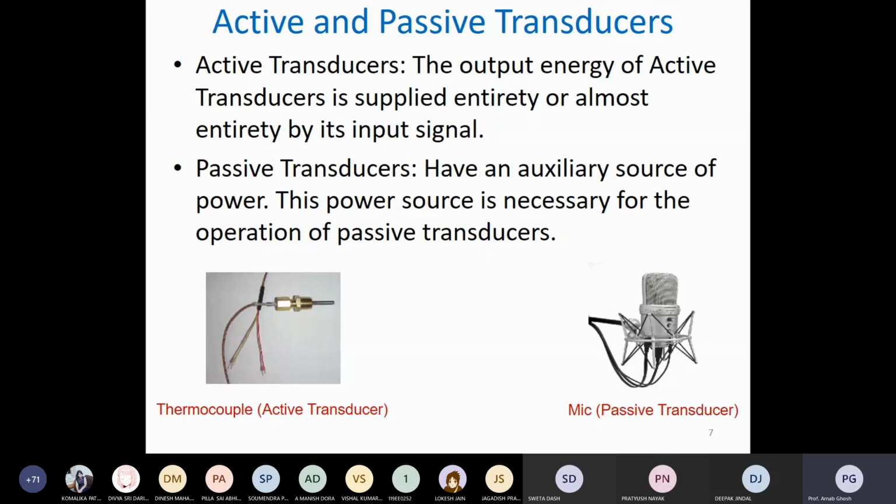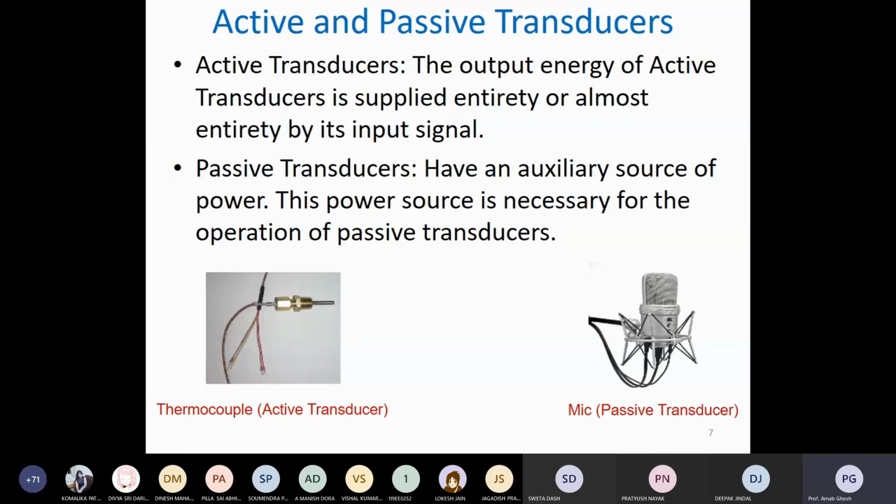After that you can see some of the definitions, the definitions of active and passive transducers. From here you can understand what is written.